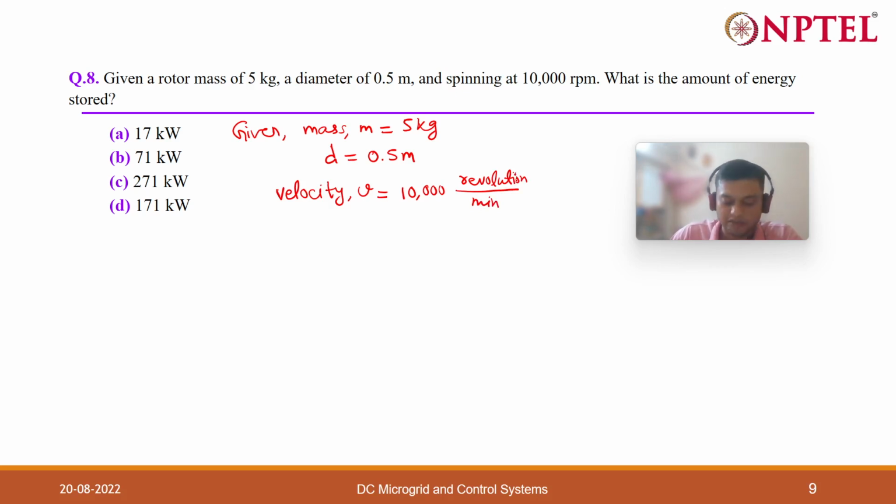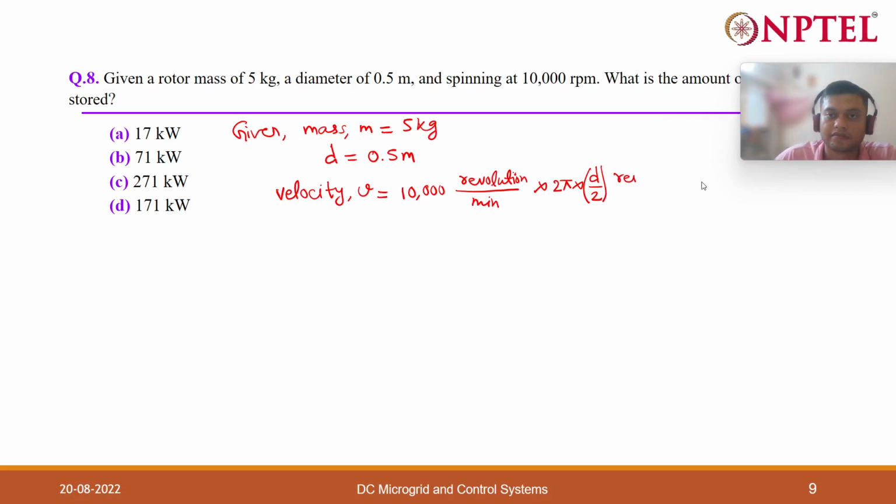We have 10,000 revolutions per minute. If you write revolution in meters, in 1 revolution we have 1 perimeter of the circle, so you can write it as 2 pi into d by 2. We have that much meter per revolution.